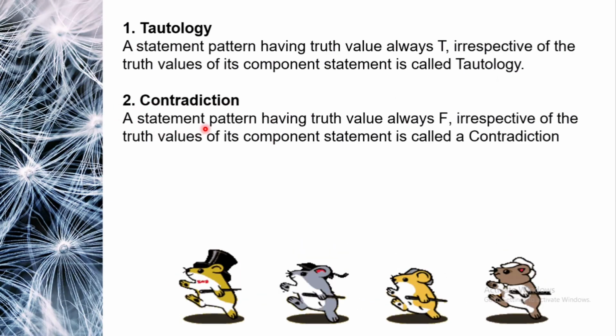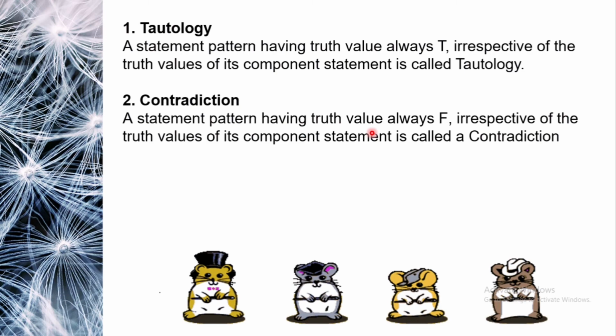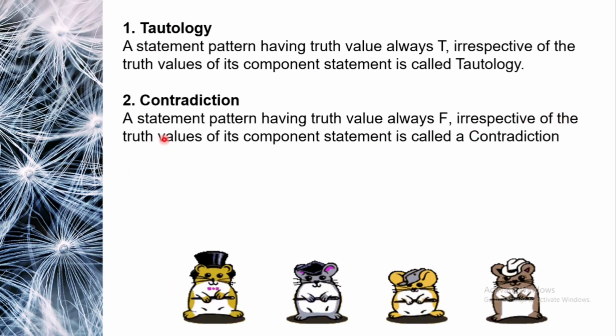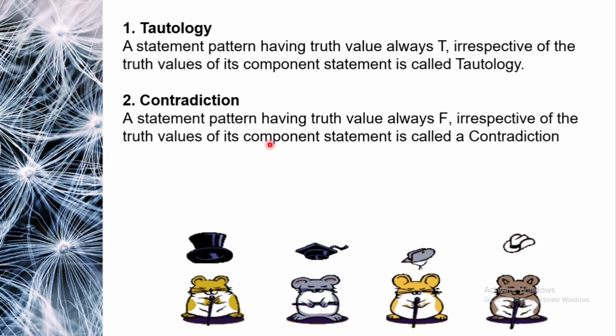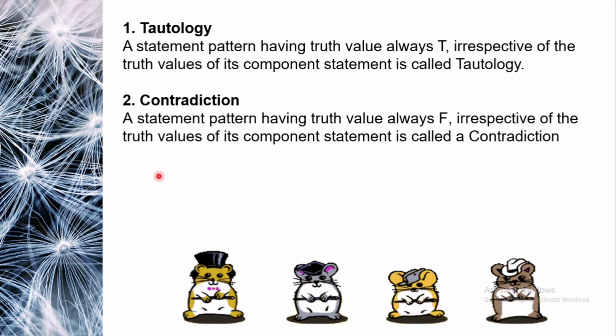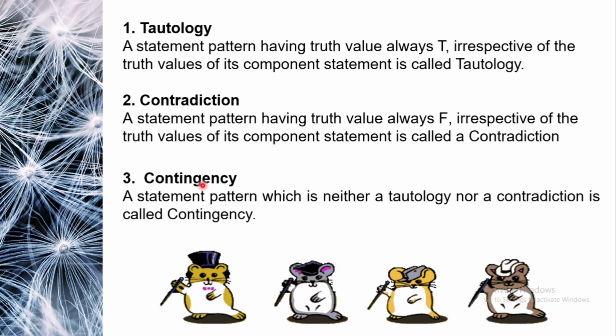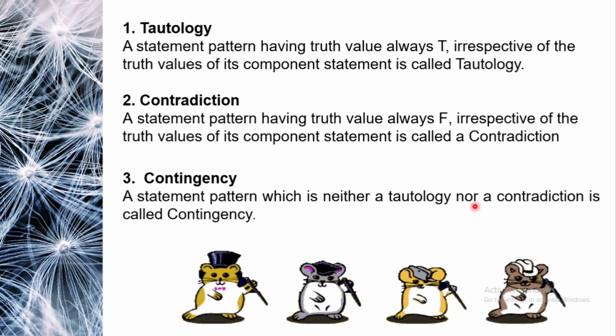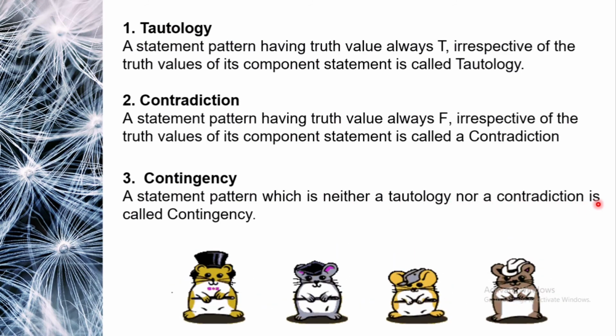A statement pattern having truth value always F, irrespective of the truth values of its components, is called a contradiction. 3. Contingency. A statement pattern which is neither a tautology nor a contradiction is called a contingency.